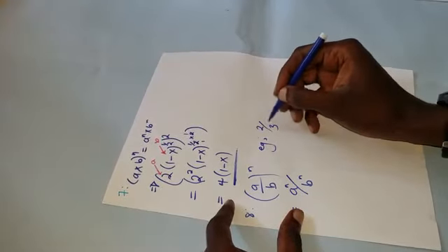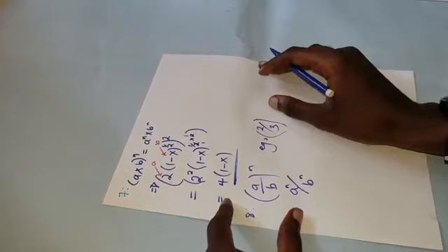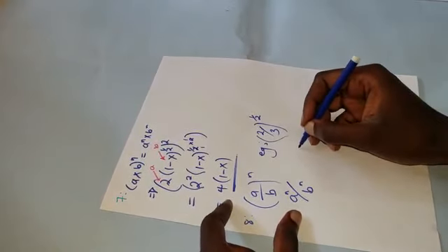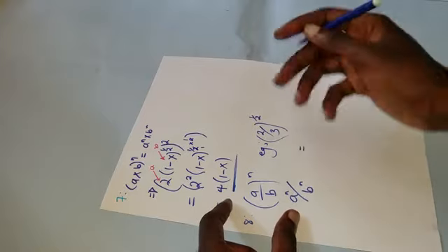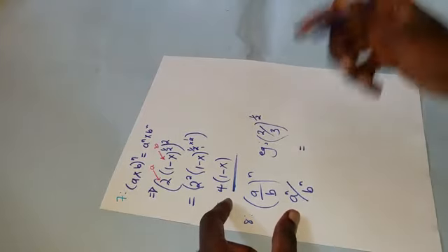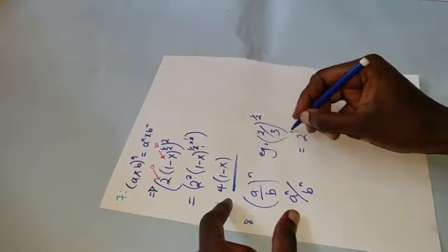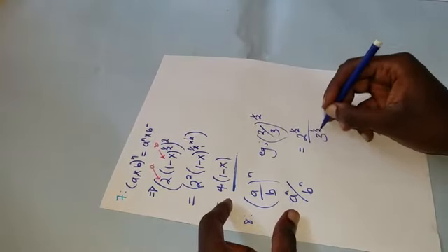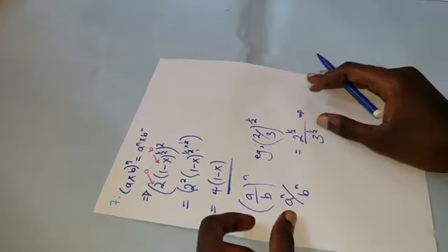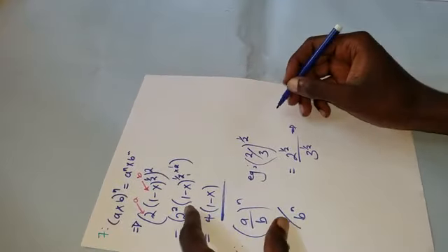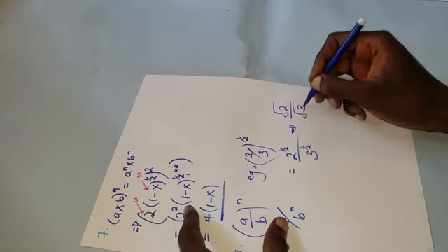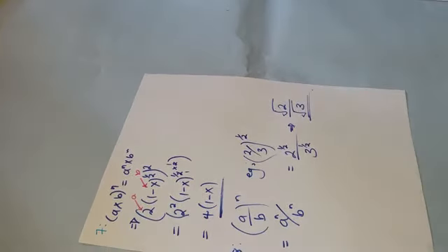This is 2 over 3 power a half. We have already looked at the fractions. So this will be 2 power half over 3 power half. Anyone who has done those numbers from the previous video knows this will be the square root of 2 over the square root of 3. And that would be it.